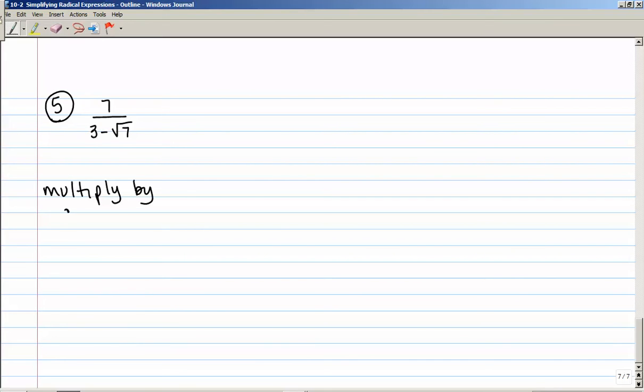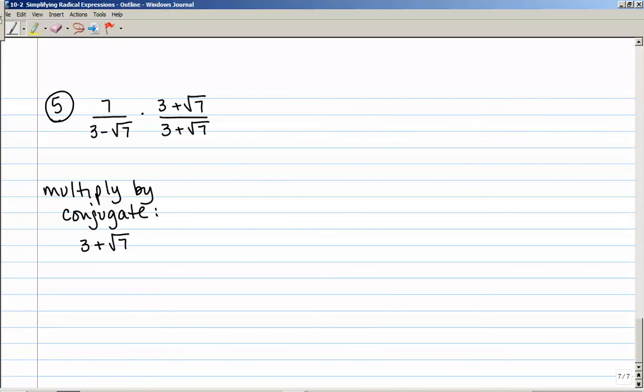And the conjugate is going to be the same numbers, but with a different sign in between them. So in this case, it's going to be 3 plus a square root of 7. So I'm going to multiply my problem by 3 plus a square root of 7 over 3 plus a square root of 7. Notice my original problem had a minus. This one's going to have a plus.